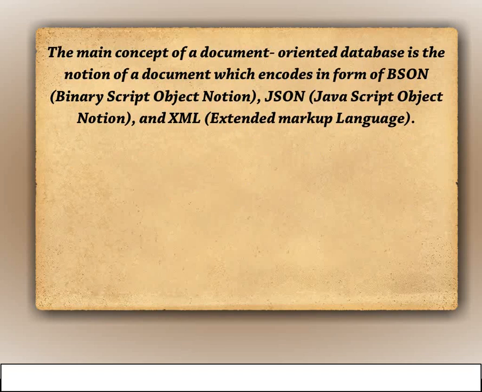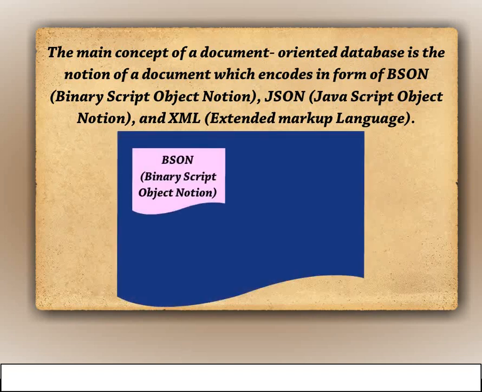The main concept of a document-oriented database is the notion of a document, which is encoded in the form of BSON, that is Binary JSON, JSON, that is JavaScript Object Notation, and XML, that is Extensible Markup Language.